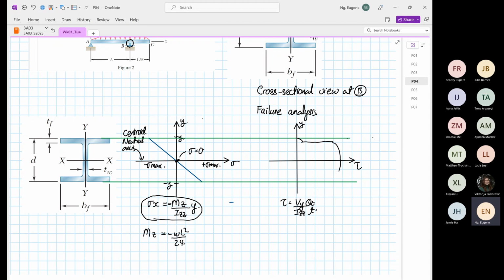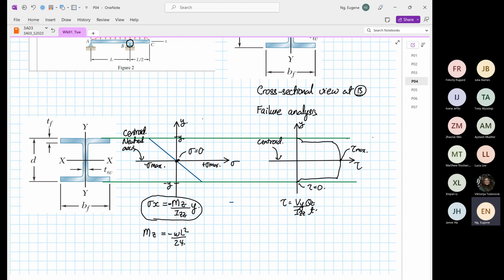Then you have this distribution and you go down to 0. Over here is where your tau max is, and this is where your shear is equal to 0. This line is known as our centroid.